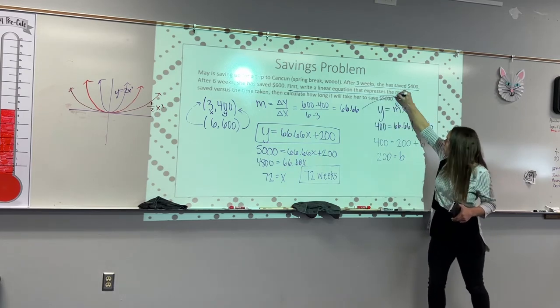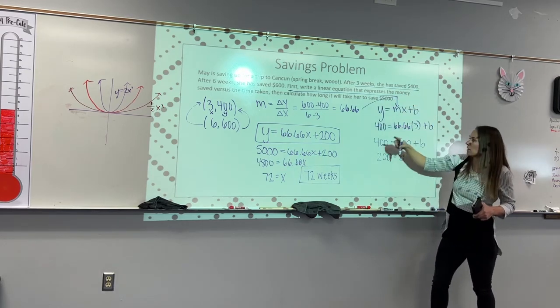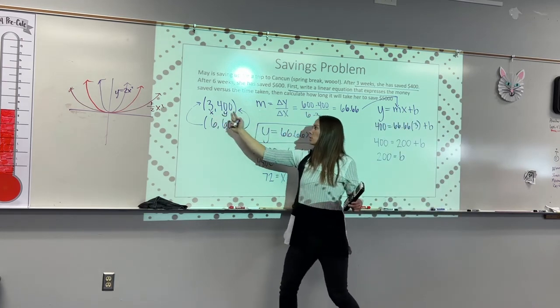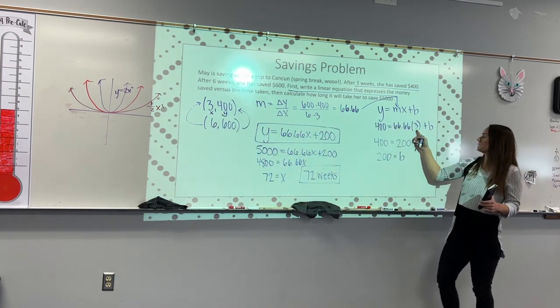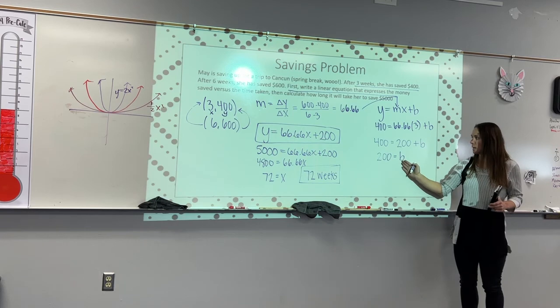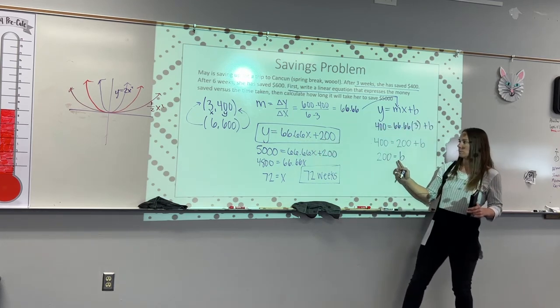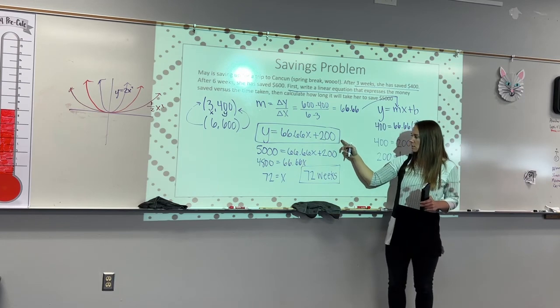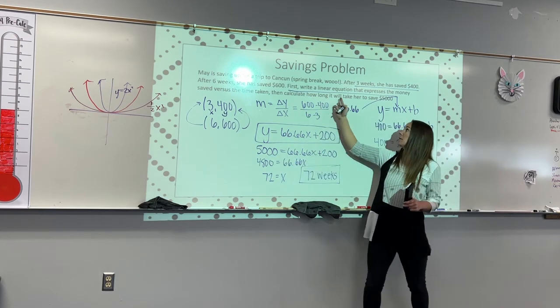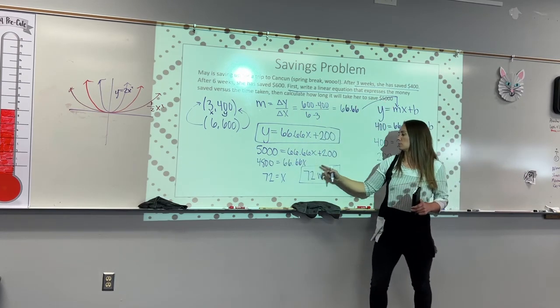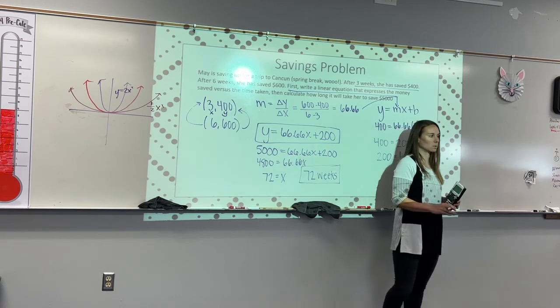Plug that slope in right here. Then take your x and your y, put your y in, put your x in, solve for b. Once you have your b, you have your equation because you've already found your slope and you found your b. So that's your first answer, and then set that equal to the money that she wants to save up. Subtract the 200, divide by 66.66.